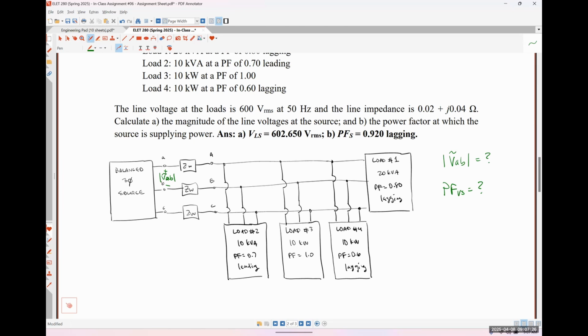Okay. So we're going to approach this pretty similarly to what we did earlier. Another thing that we know is that the line voltage at the load is 600 volts RMS.